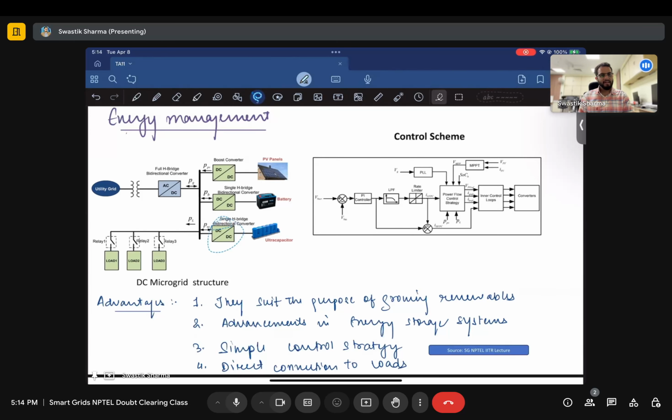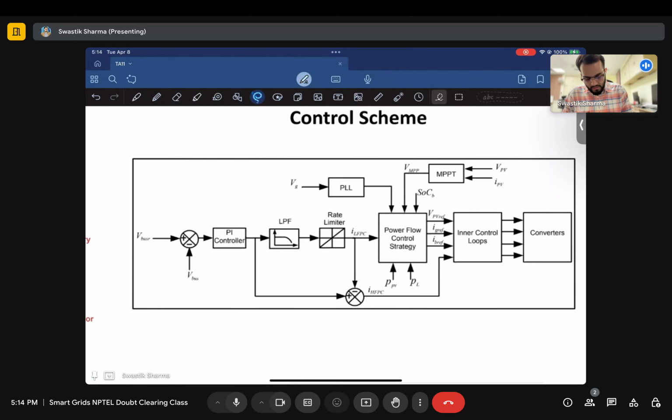What do we want from our DC microgrid? That is what we want, and that is what this control scheme essentially does.